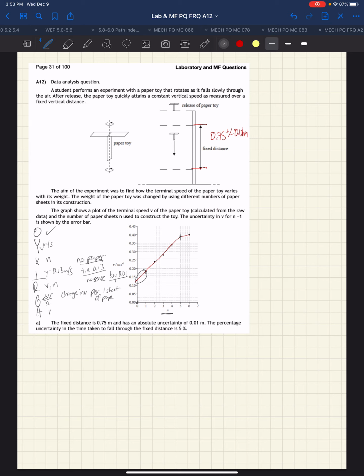And the area is meters per second times n, which has no units. So it still has the units of meters per second, but we can see as we increase n, the area increases. What exactly that is, I don't know. But at least that's what it's telling us. We've taken a look at it. We've considered it.